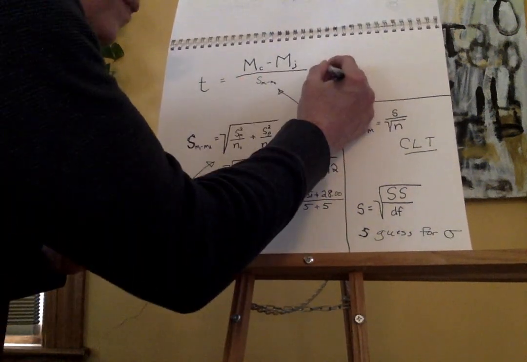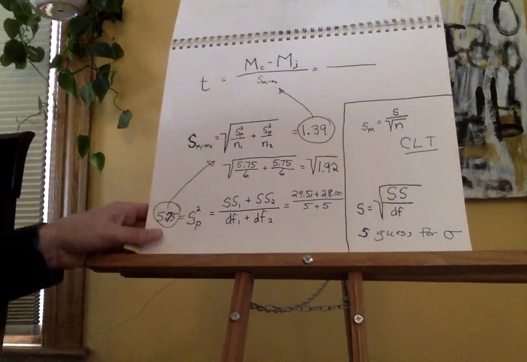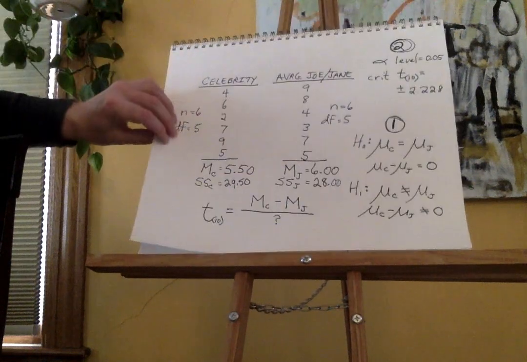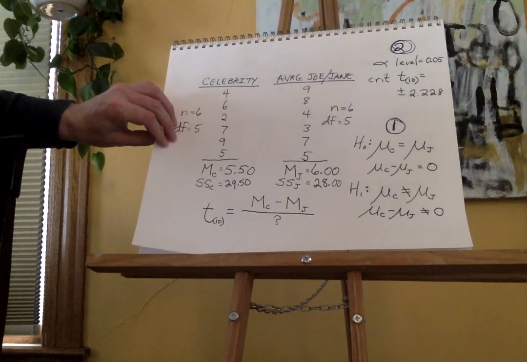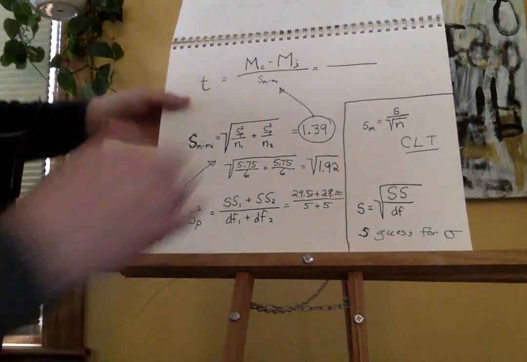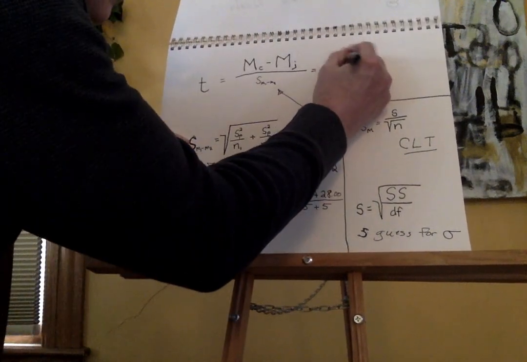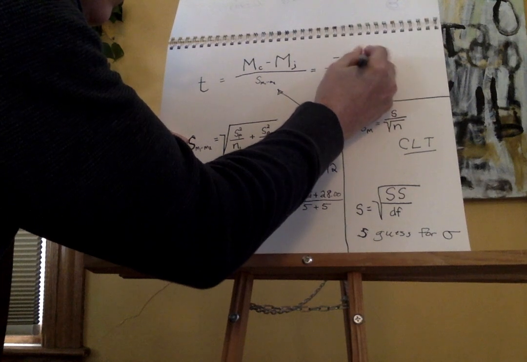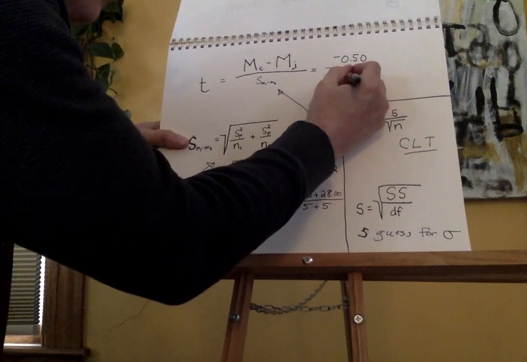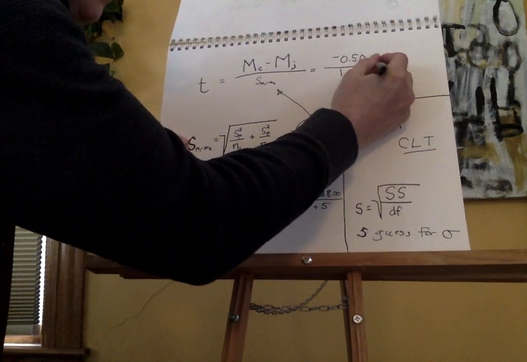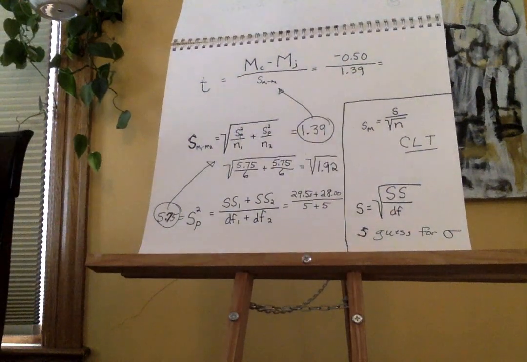So here we go. The difference between the two groups is 0.5, and in fact, it will be a negative 0.5. We're going to divide by 1.39. We have a t value.